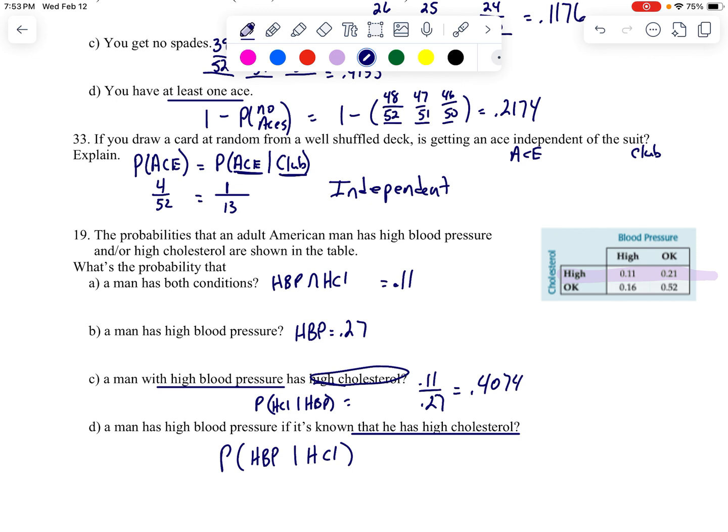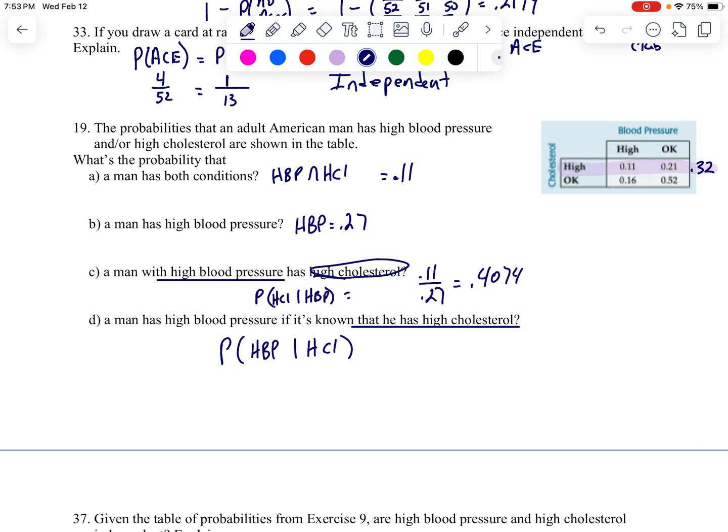So I know it's this row here. Now, we don't have a total over there, but that total would be 32 if I had written it out. So 32 is going to be my denominator. And then which ones have high blood pressure to go with that? There's that 11 sitting there again. So this is going to be 0.3438.